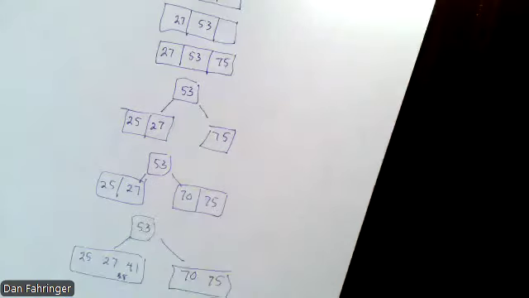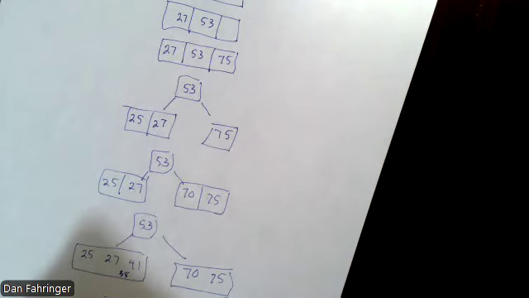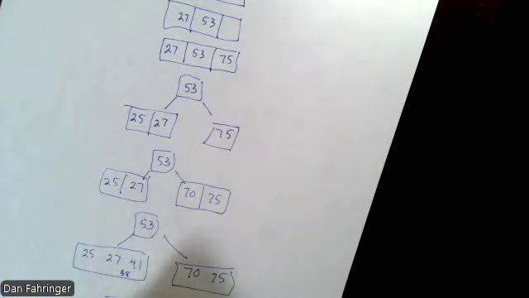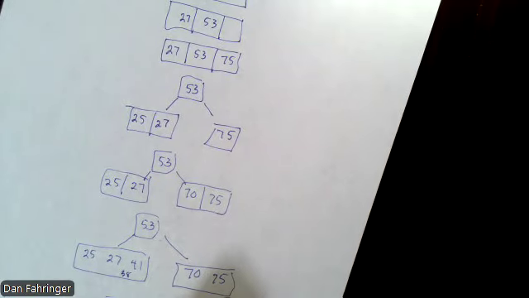I need more paper. What numbers do I have left? I have 16, 59, 36, 73, 65, 60. I have a lot of numbers left. 68, 79, and 48. Right?